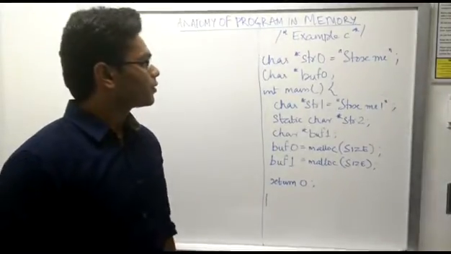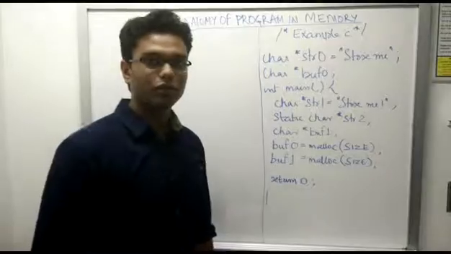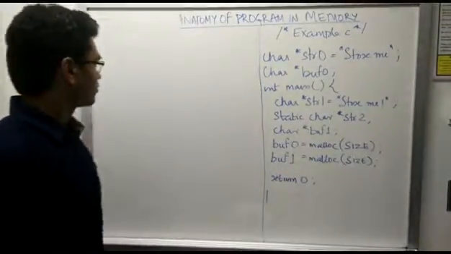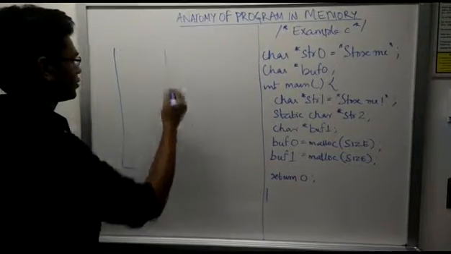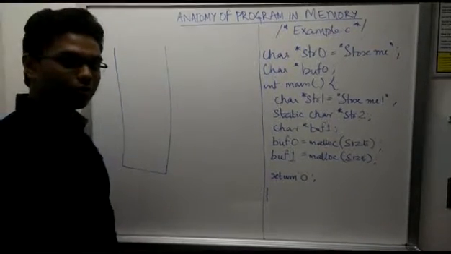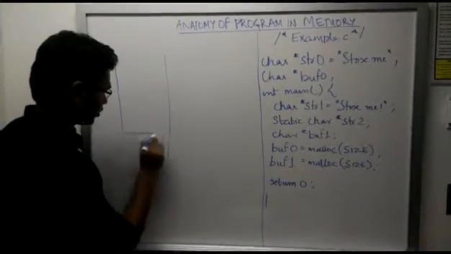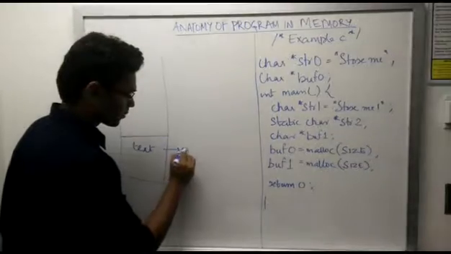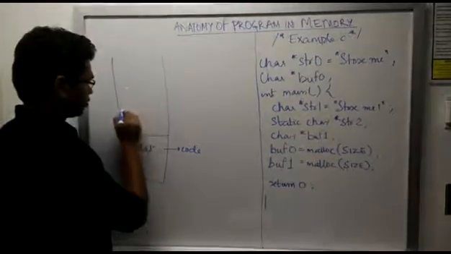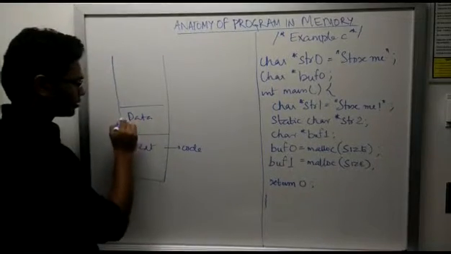Before that, let's just get an idea of which are the memory sections, or at least the important memory sections. So, if this is the memory for your program, you have your text section, which will usually have your code. You will have your data section, which is again partitioned into two.